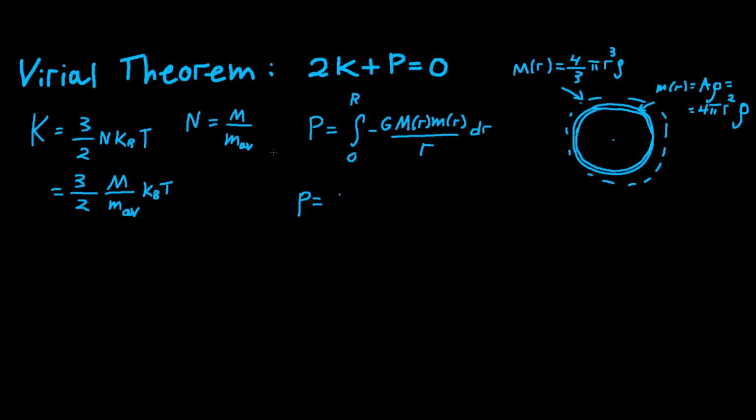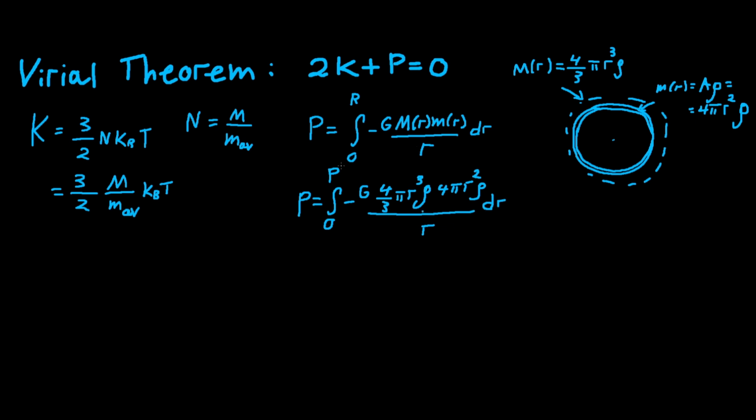P equals the integral from 0 to r of minus G, 4/3 pi r to the third rho, 4 pi r to the second rho, dr.